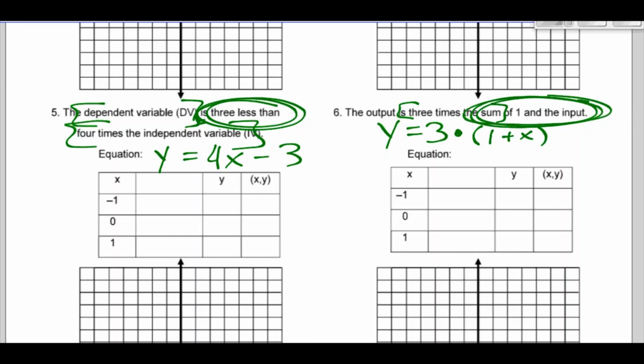I'm going to write that a little bit cleaner in my next part. 3 times, really we're going to distribute there, times 1 plus x. The 1 plus x is the sum part. It's 3 times the entire sum.